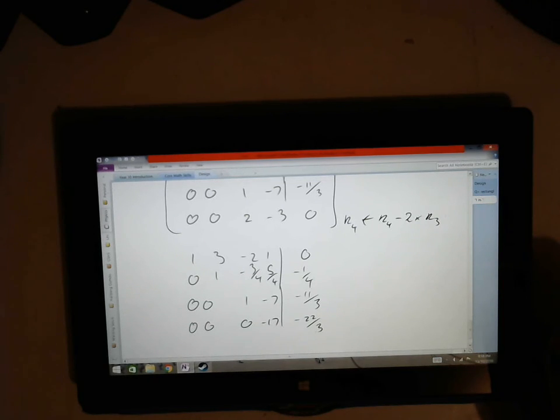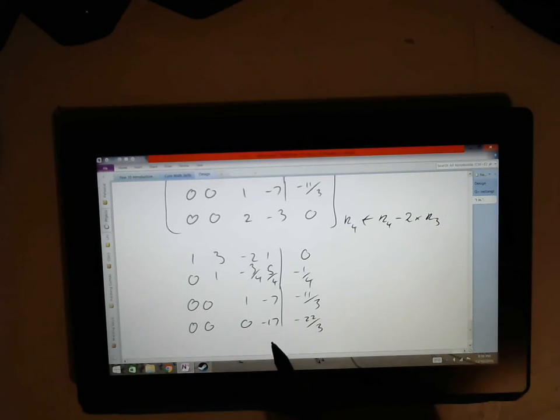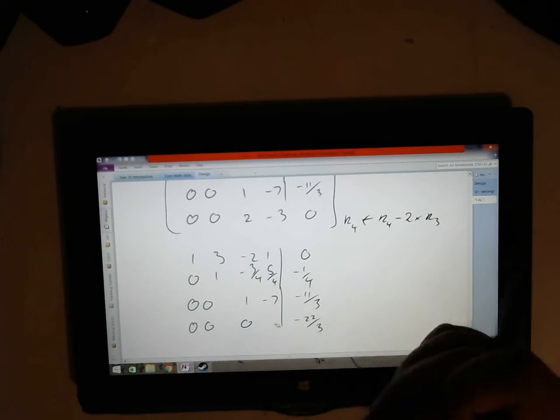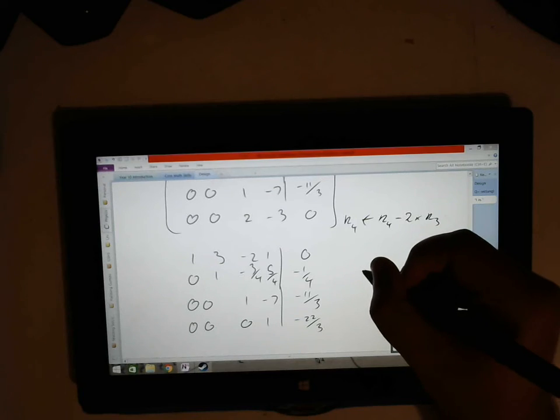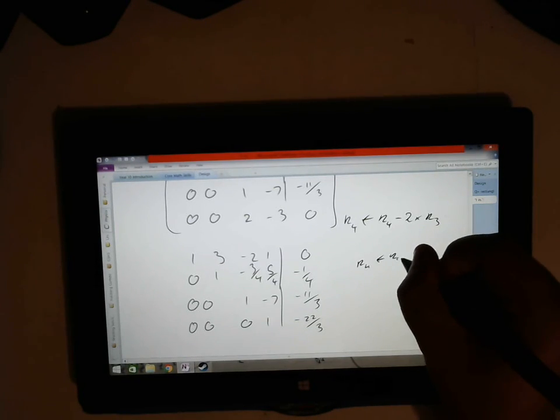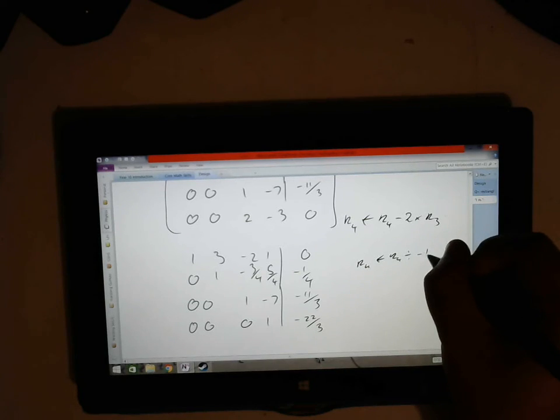Okay, now we could divide this last line by 17 to turn this into a 1. I mean, that really isn't that hard to do. So if we divide that by negative 17, that becomes 1. So R4 is R4 divided by negative 17.